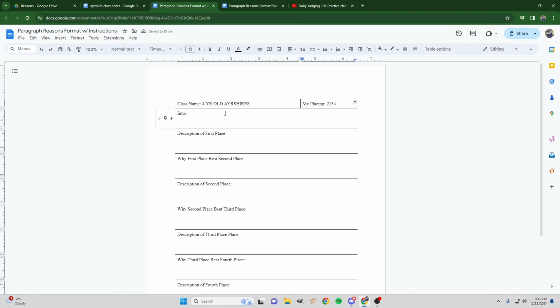Yep. Intro. This is something not a whole lot of people do. I think you should always lead off with a brief intro. And to fill in the gaps here, we're going to say, in this class of 4-year-old Ayrshires, my preferred alignment is 2, 1, 3, 4.